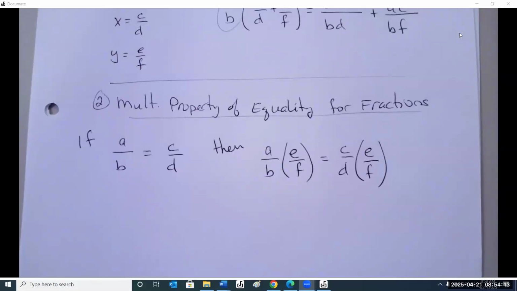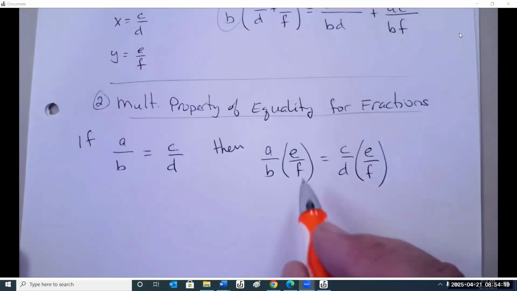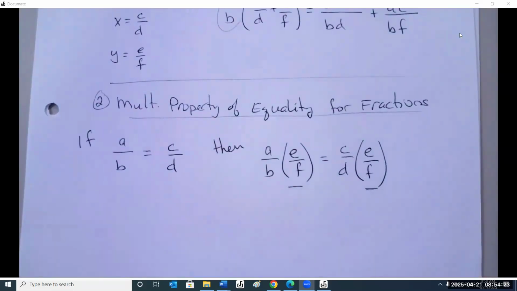Why is that important? It tells us that if you multiply by the same number, you get the same answer. And what this is good for is to get rid of coefficients.